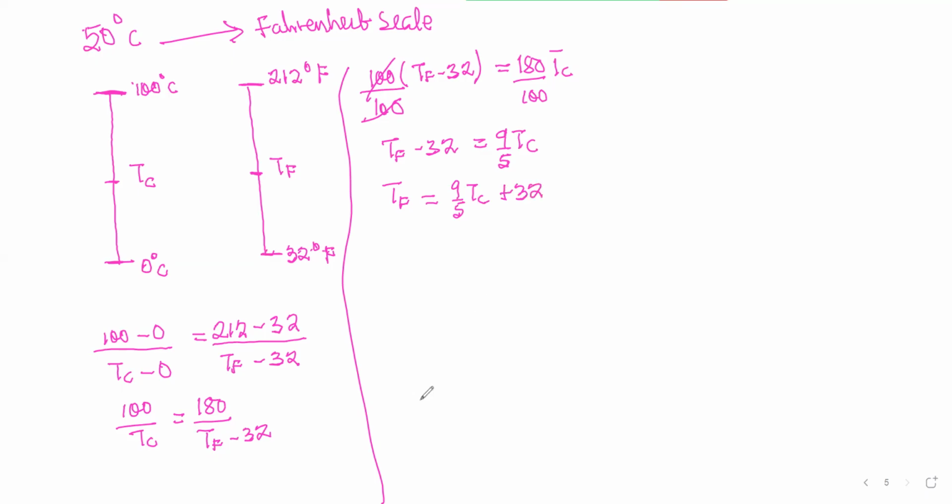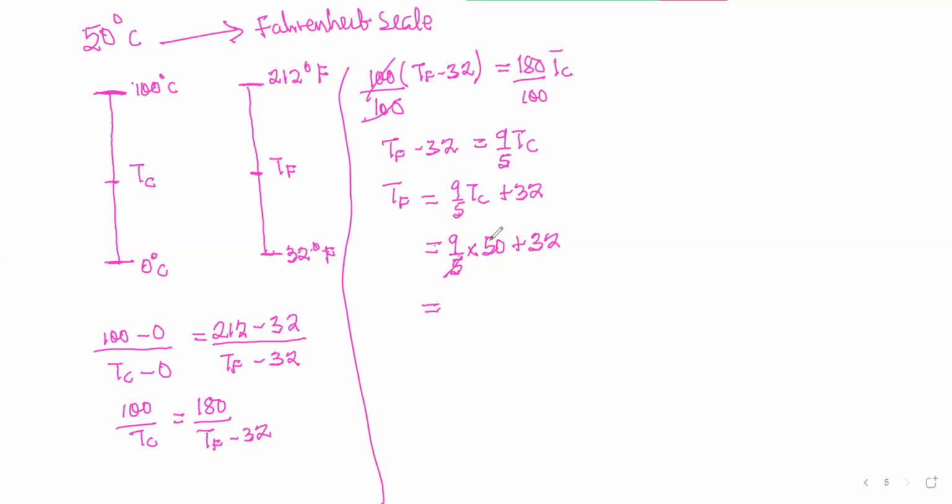I'm to convert from degree Celsius to degree Fahrenheit. So what is my TC given? 50. So 9 over 5 times 50 plus 32.